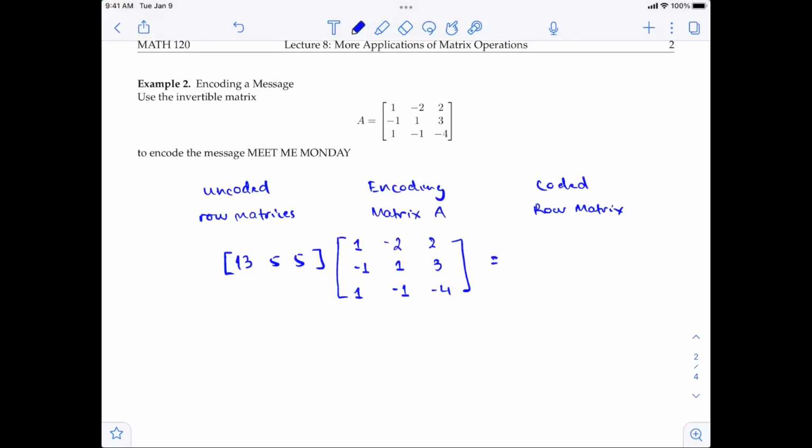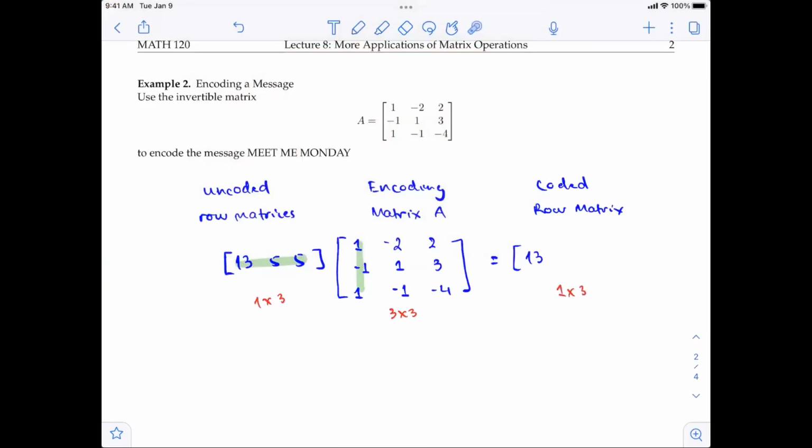If you do matrix multiplication, the first entry is obtained by taking this row and combining it with the first column of matrix A. The first entry will give you 13. Let me double check this. This is a 1x3 matrix and this is a 3x3 matrix, and therefore the coded row matrix also has to be a 1x3 matrix.